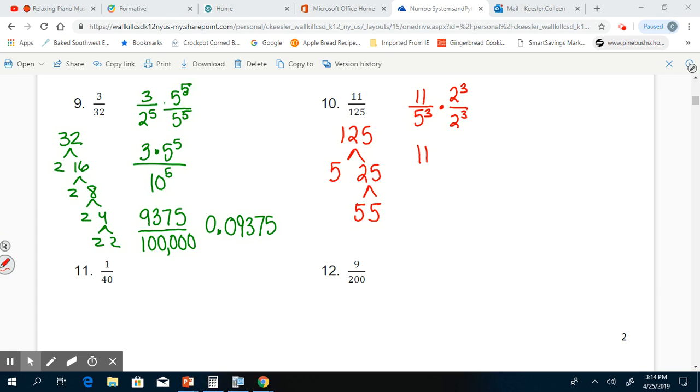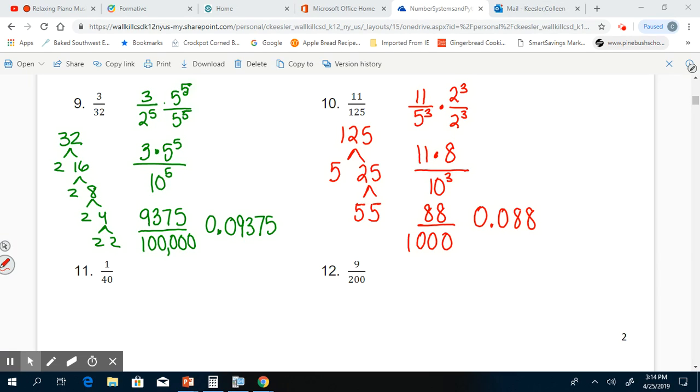So that's 11 times 2 to the 3rd, which is 2 times 2 times 2, or 8, over 10 to the 3rd, which is 88 over a 1 with 3 zeros, or 1,000. 88 thousandths gives us 3 places for decimals after the decimal place. And I only have 2 digits, so it's going to be 0.088, or 88 thousandths.